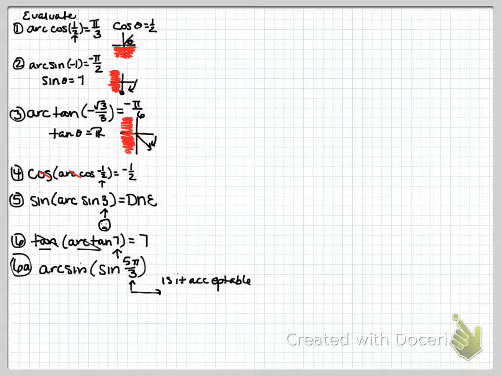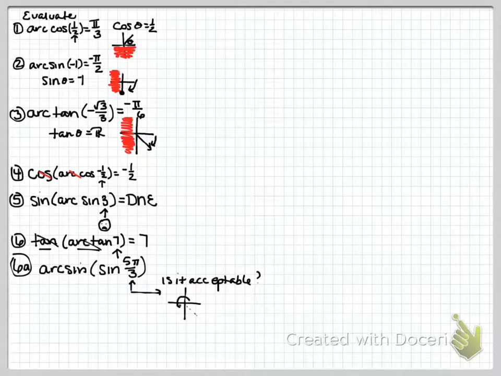Meaning, is it where I need it to be? Well, if I go 5 pi over 3, that's way down here. It's in that fourth quadrant, which is where it needs to be.